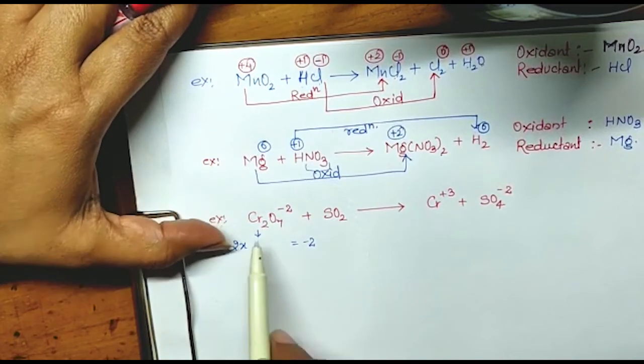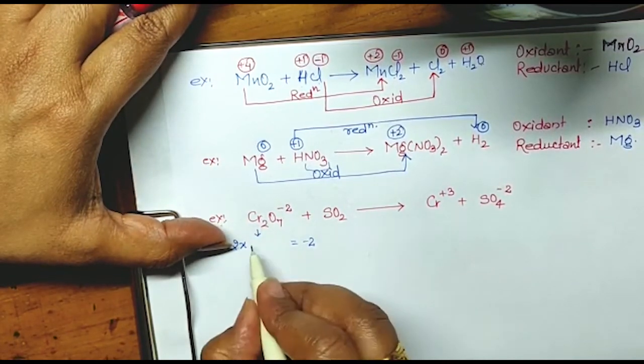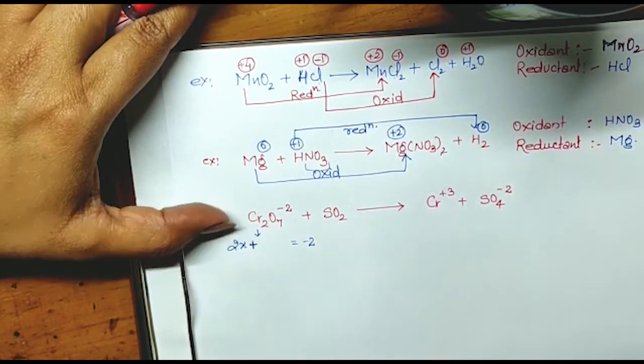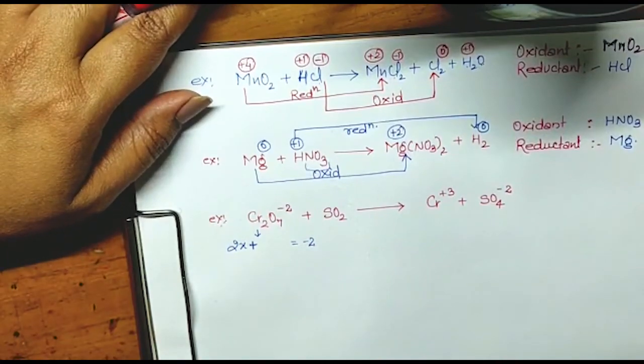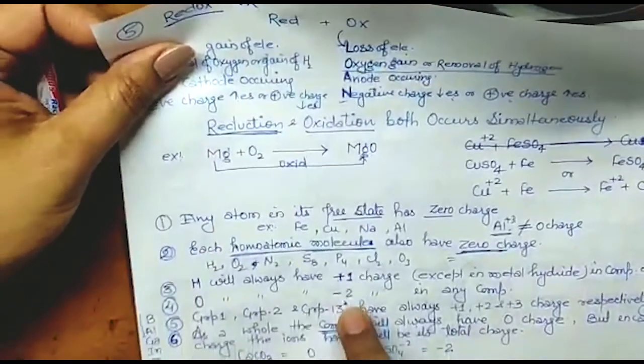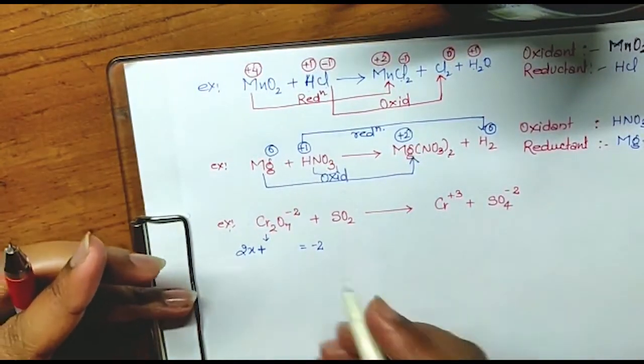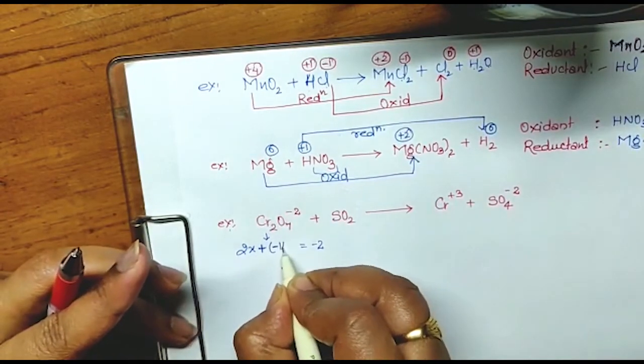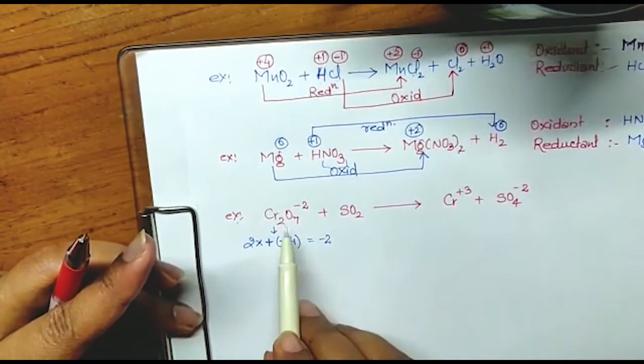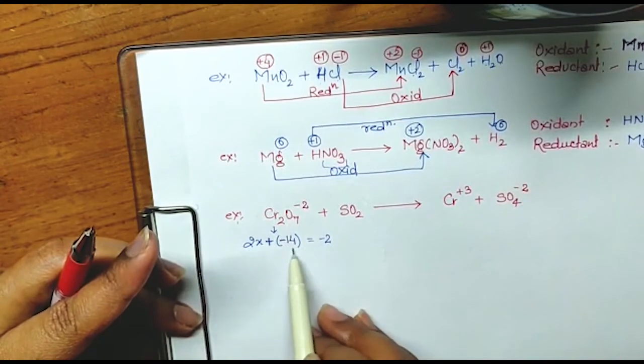Yes, so 2 chromium 2x plus, 1 oxygen is having minus 2 charge, isn't it? So 7 oxygen will have minus 14. Got it?